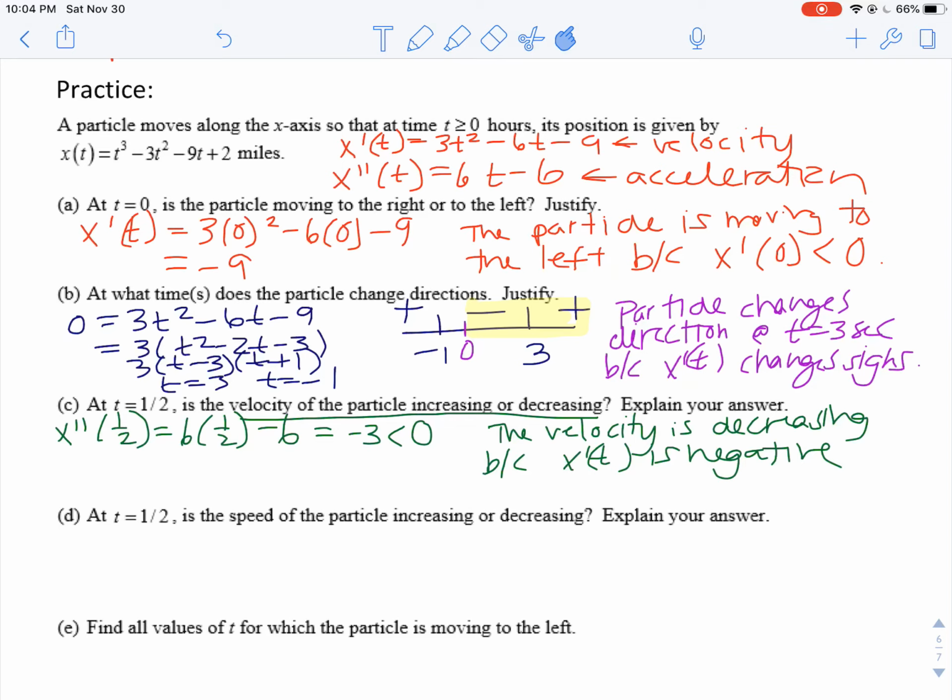Okay, at t equals 1/2, is the speed of the particle increasing or decreasing? Okay, so looking for the speed of the particle, we need to see what the velocity is doing, if it's positive or negative, and what the acceleration is doing. We already figured out what the acceleration is doing. It's negative in part C. So I just need the velocity, x prime of t, x prime at 1/2, right?